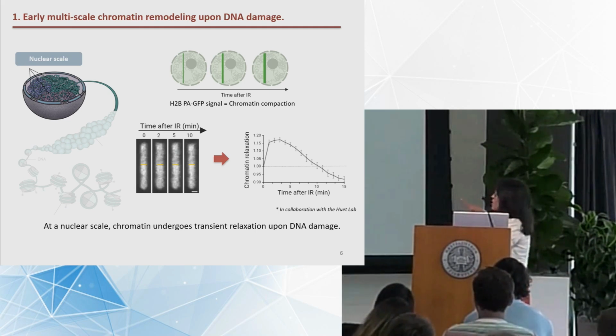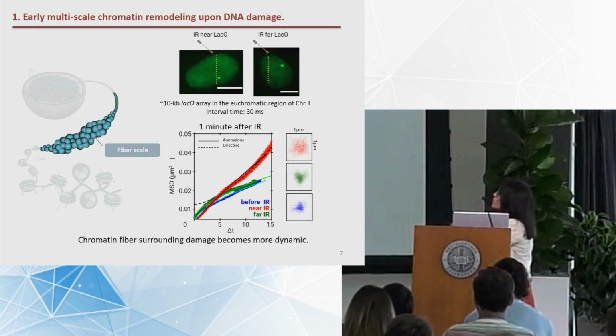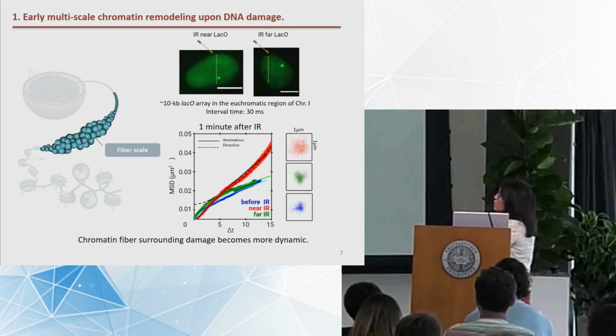To know if this relaxation affects chromatin dynamics, we first look at the dynamics of the chromatin fiber. For this, we use cells that harbor a LacO array in chromosome 1. And we track the dynamics of the fluorescent locus after irradiation of a neighboring region or of a distal region.